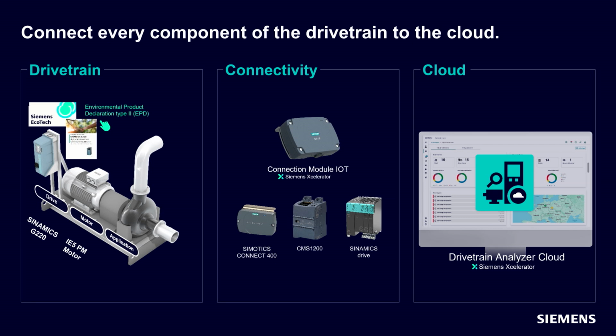And that is highlighted by the Siemens EcoTech label and the corresponding Siemens EcoTech profile. So that's around our products. The Siemens EcoTech profile explains, describes, and makes transparent how we optimize our products.